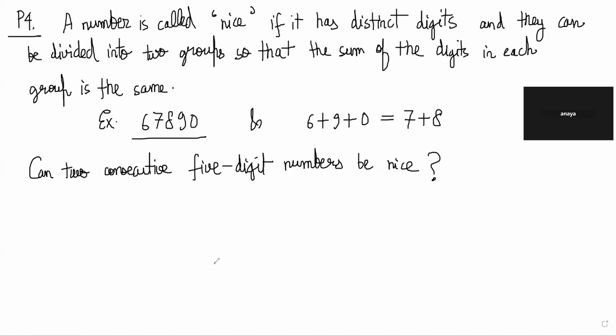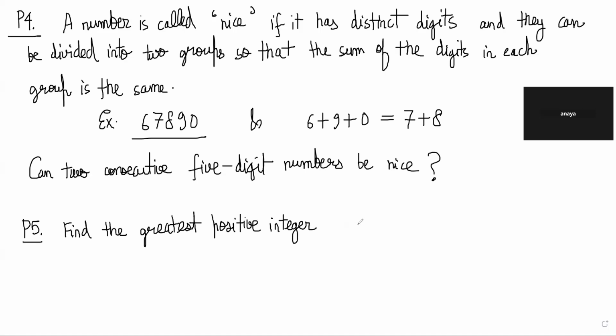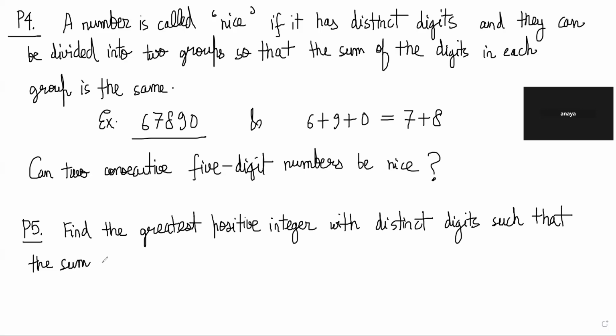Then problem 5 is: find the greatest positive integer with distinct digits such that the sum of any three of its digits is different from 19.